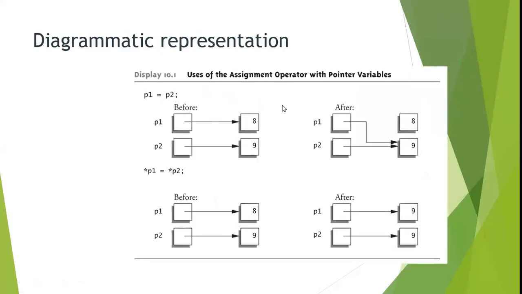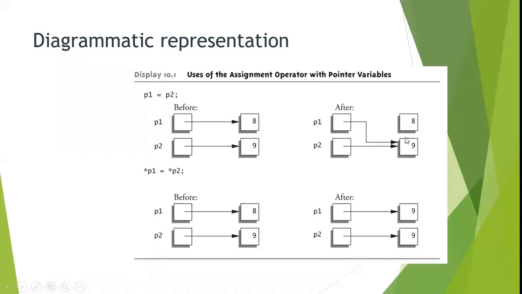This is the diagrammatic representation of the same which we have done right now. So P1 was pointing to 8, P2 was pointing to 9. If I write P1 is equal to P2, what is happening? The address of P2 is assigned to P1.